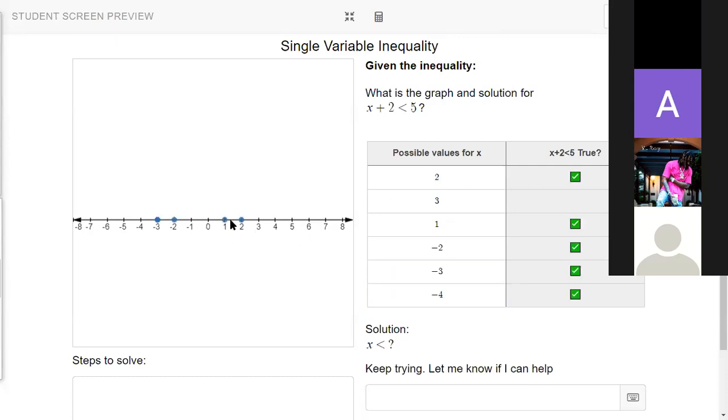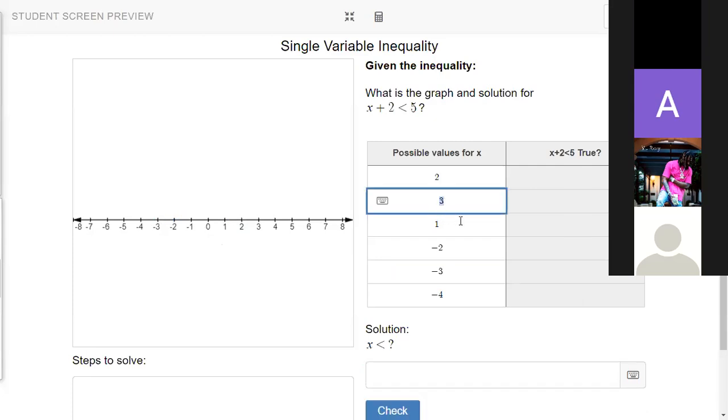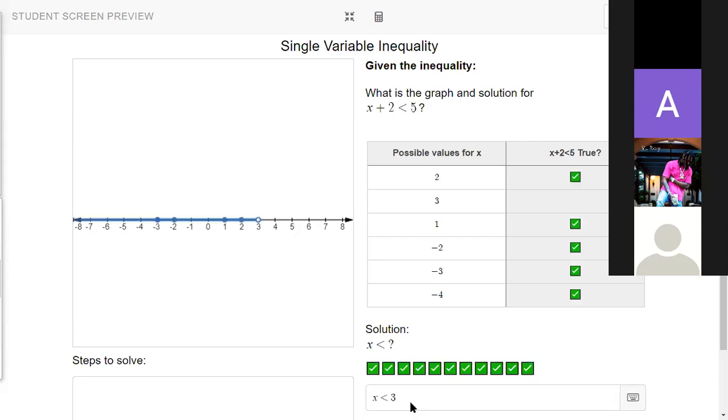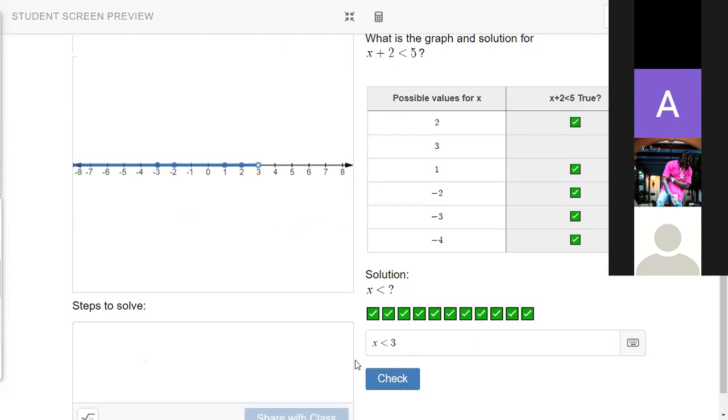So as we can see, they're all plotted down here to the left of what number? So they're all less than what number? 3. Right, so x is less than 3. So that's one way you can do this.